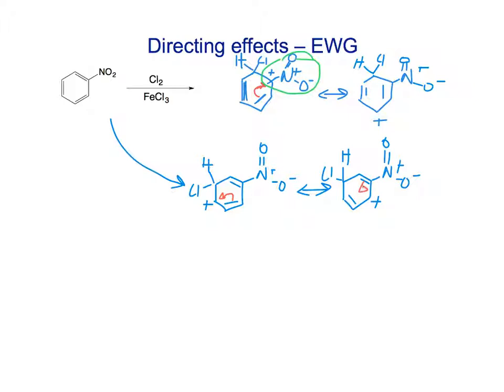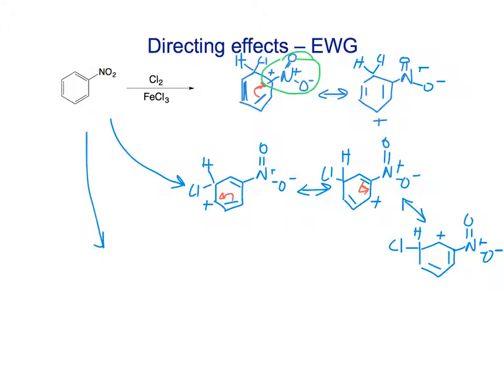This pair can move over here, and we get one more. And these are just the three normal resonance structures that we get whenever we do this electrophilic substitution reaction. That moves it to here, there, here, and here. So, does the plus ever end up on the carbon that bears the nitro group? No, it doesn't.